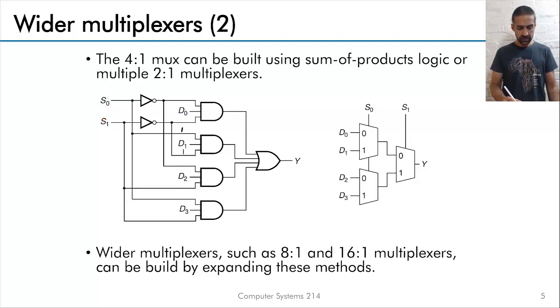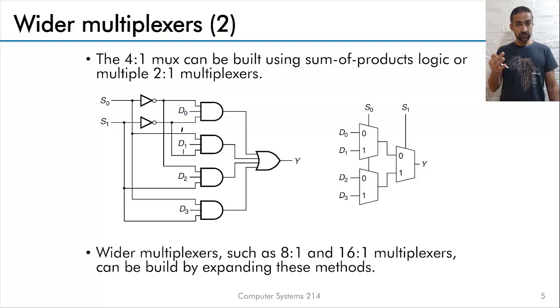This requires a 0, 1. This requires a 1, 0. This requires a 1, 1. So logically speaking, only one of these gates will be enabled at any given time, which means this OR gate will take through only one of those.